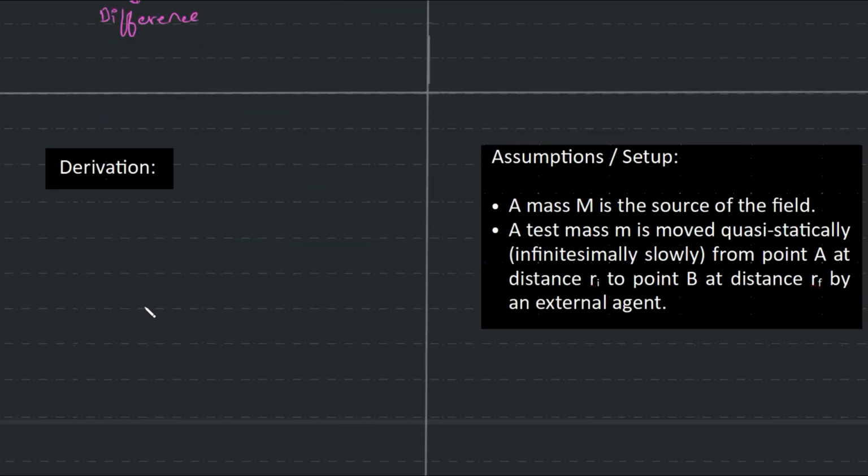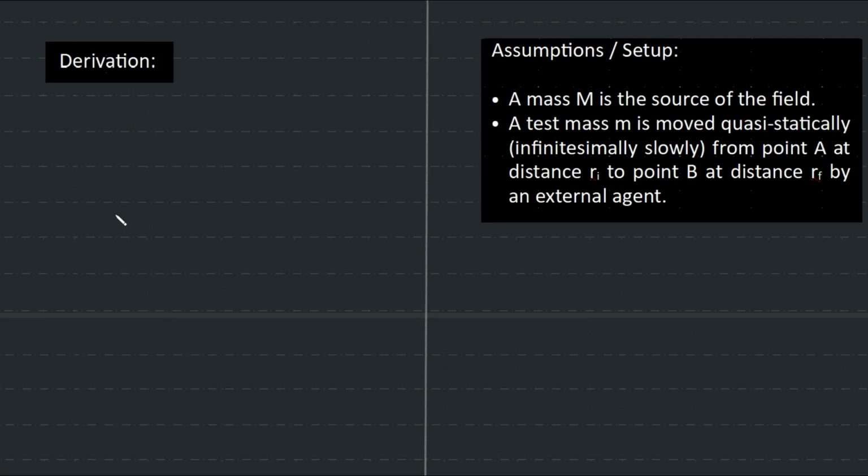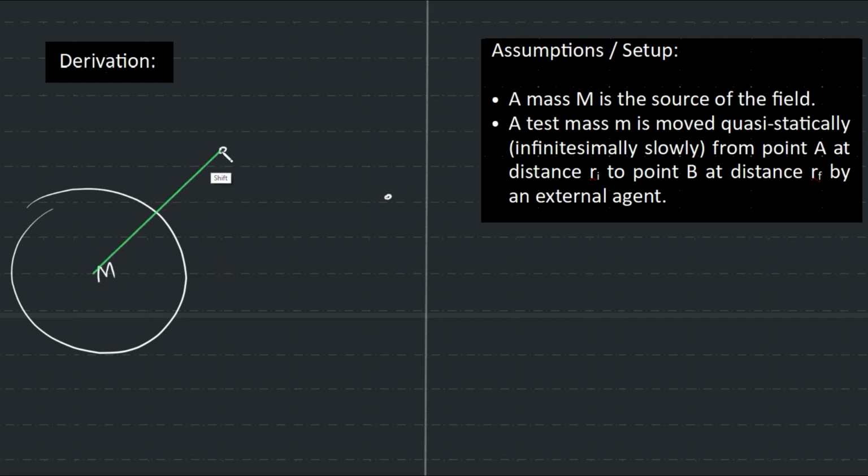So same thing we'll be doing here as well. We are considering a source which is of mass m. We'll consider 2 points, say A and B, and from the center to this center, we have Ri and Rf. So this is our point A and this is our point B. To figure out the potential difference, we do external work.